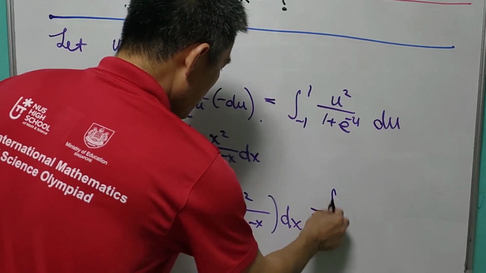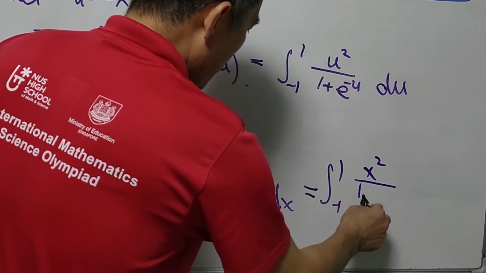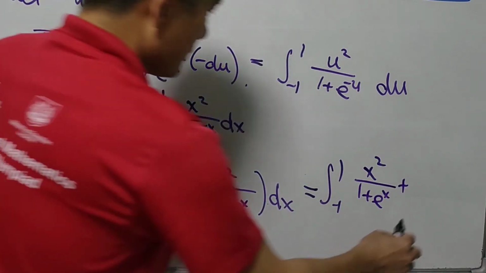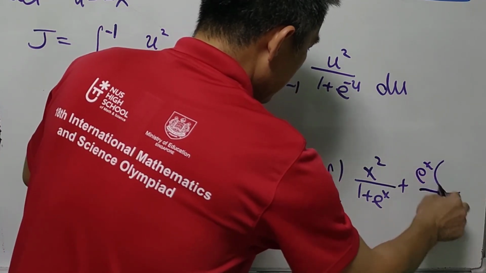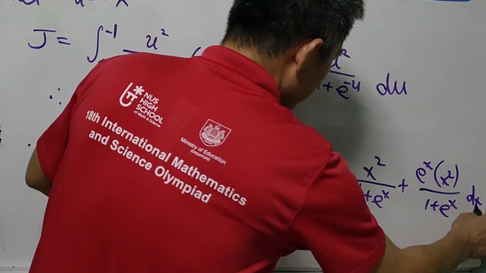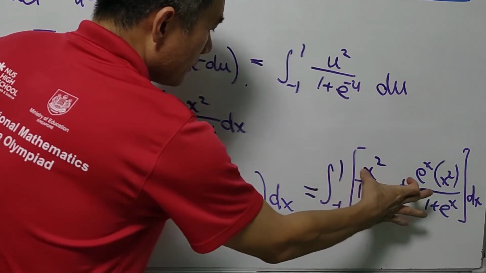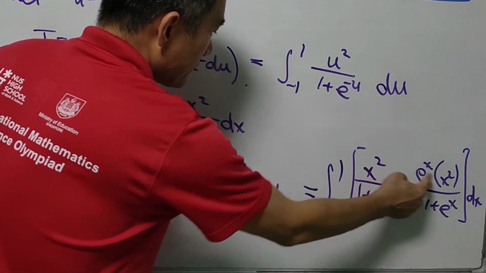Now this will be equal to the integral from negative 1 to 1 of x squared over 1 plus e^x, and for this one it is x squared times e^x over 1 plus e^x. After we factorize the x squared out, they have the same denominator, which is 1 plus e^x.